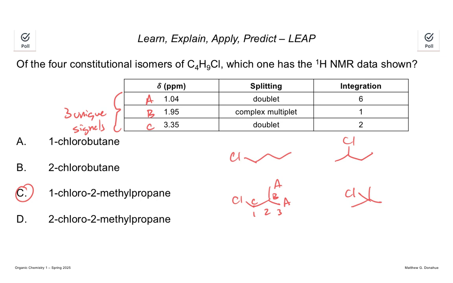So notice B, I put this word multiplet. A multiplet is something that is not well defined. That's typically, again, based on the instrument resolution. So why is it described as that? So that H on carbon B is 1H, but it has 6 neighbors of one type and then 2 neighbors of another type.